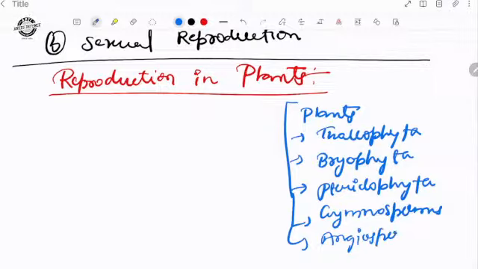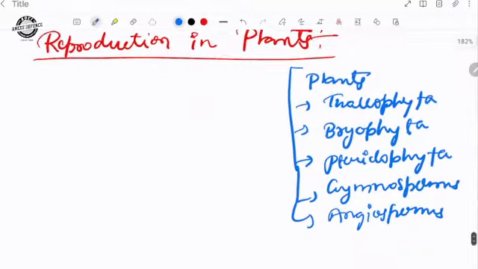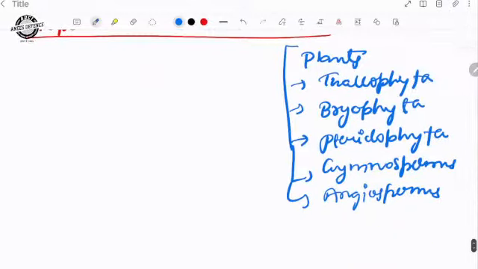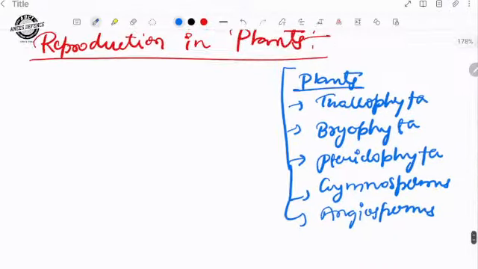I hope you all have knowledge about these topics, because already this is a chapter of plant physiology. You should have studied the previous lectures, I hope.